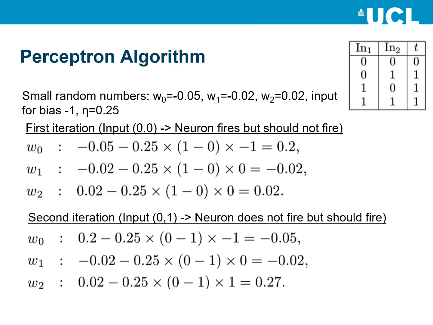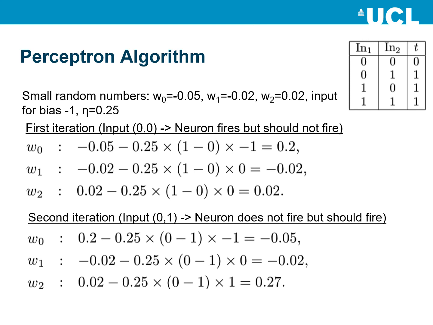Consider you have small random numbers W0, W1, W2, these are your weights, and normally these would be random numbers. You have a bias term -1. You could consider this as an additional feature with a fixed value of -1, and you would have a learning rate in this example of 0.25.